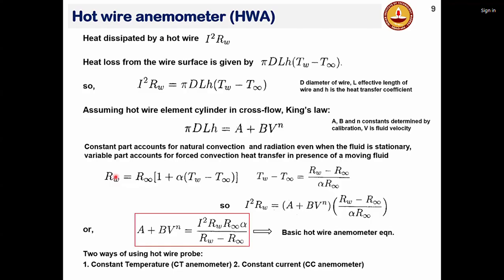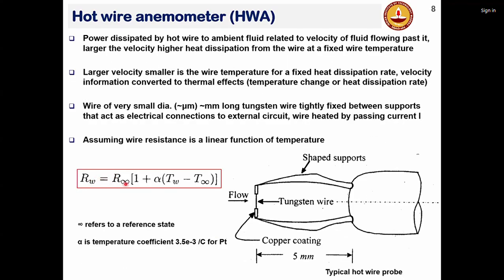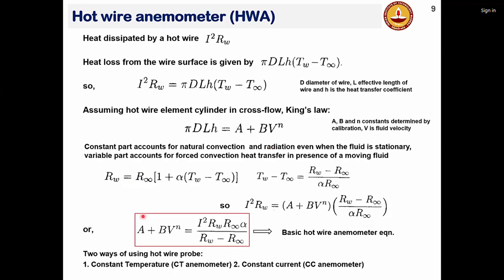From the previous slide, we have the resistance of the wire, which is R infinity into 1 plus alpha into TW minus T infinity. So TW minus T infinity is RW minus R infinity divided by alpha into R infinity.